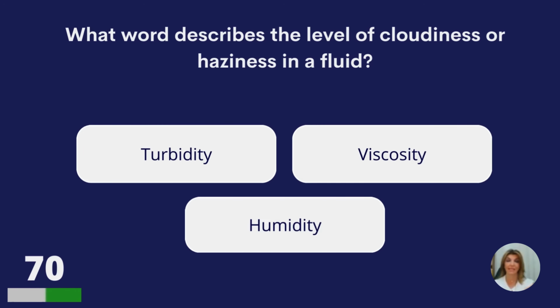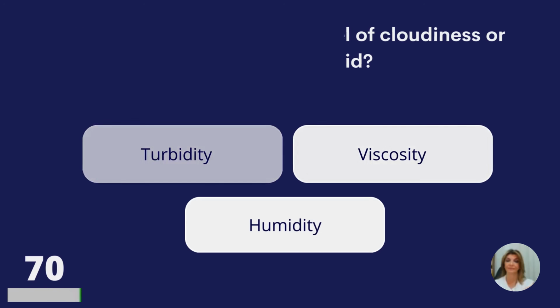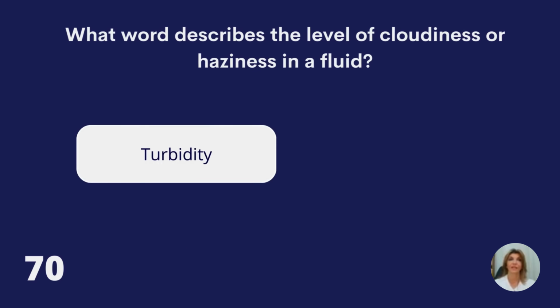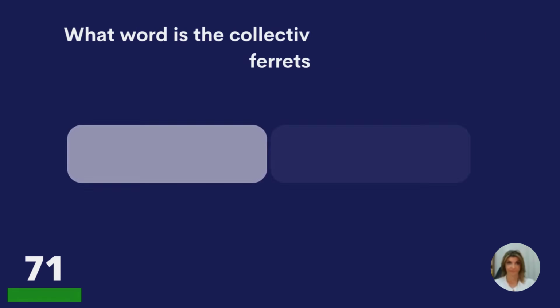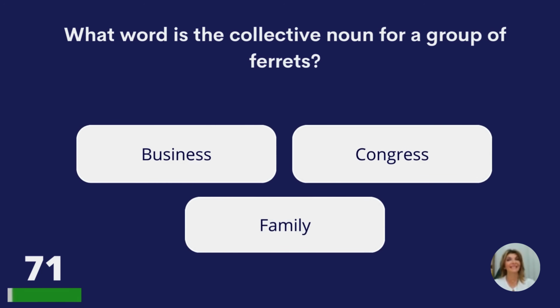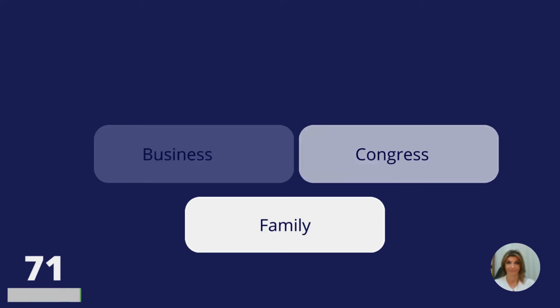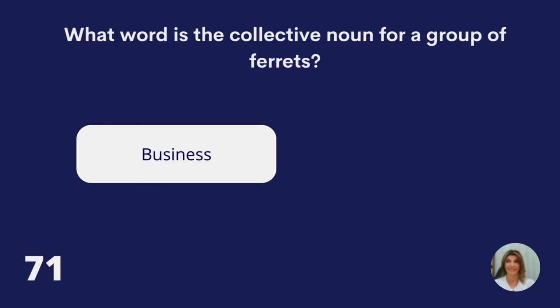Turbidity, viscosity, or humidity? Turbidity. What word is the collective noun for a group of ferrets? Business, Congress, or family? Business.